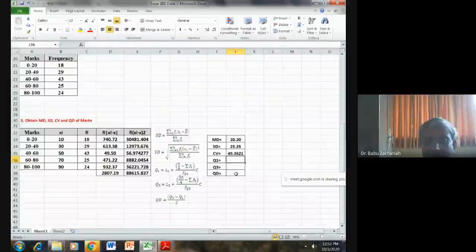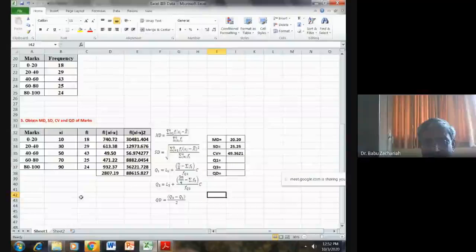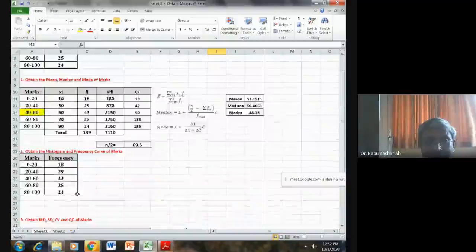And quartiles 1, 2 and 3 you have to calculate for the quartile deviation. So we can get that here.